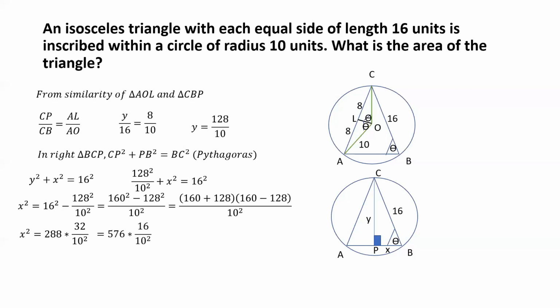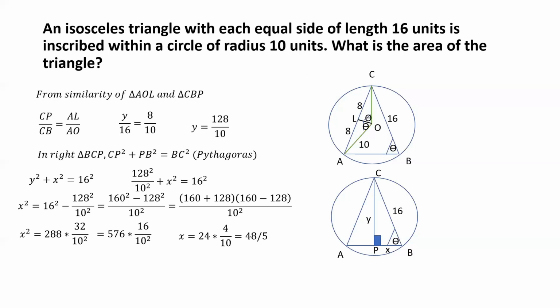Then 32 can be broken up as 2 into 16, and 2 into 288 makes 576. So we have 576 multiplied by 16 by 10 square. Taking the square root, the square root of 576 is 24 and the square root of 16 is 4, so we are left with 24 multiplied by 4 divided by 10. Of course, x being a length is positive, so no need to worry about the negative square root. This comes to 48 by 5.